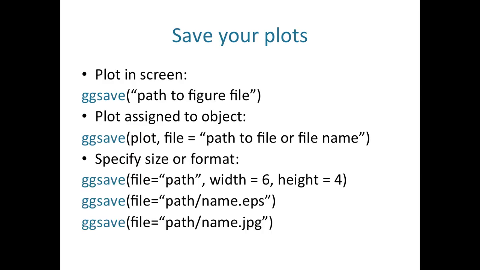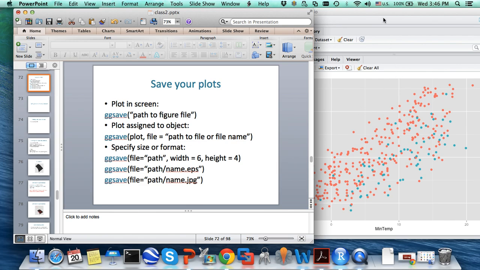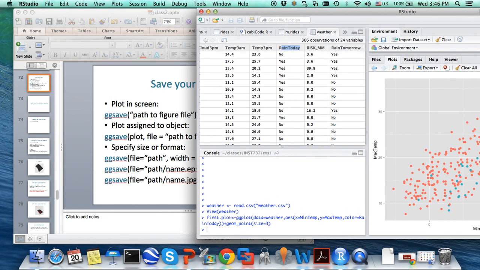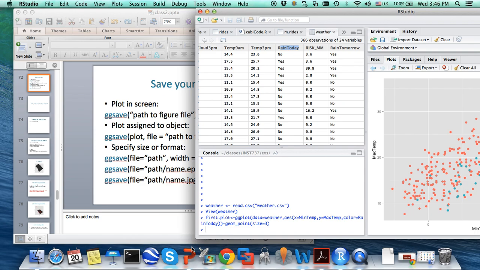And finally, of course, every time you create a plot, you will want to save it. Once you've created the plot, the command to save it is ggsave. Basically, you can just write ggsave and the name of the file as you want to save it. In my case, I want to save it with the name first.pdf, and that's the name that the file is going to take.